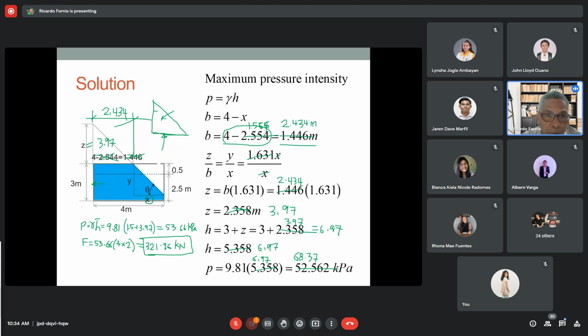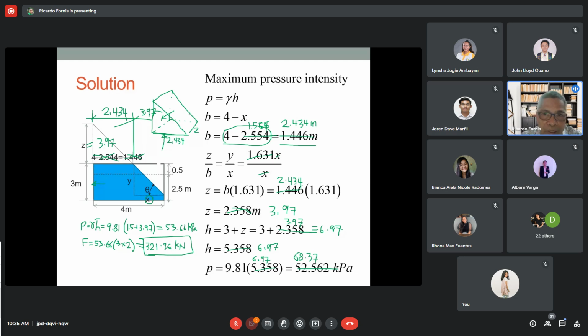The weight is just equal to the volume of the prism in this case, because the thickness is 2 meters. So we will be interested in calculating this volume, with height 3.97, B as already corrected, 2.434, and 2 meters thickness.